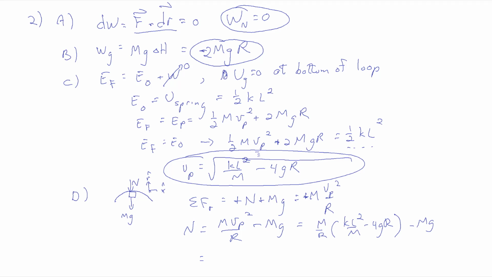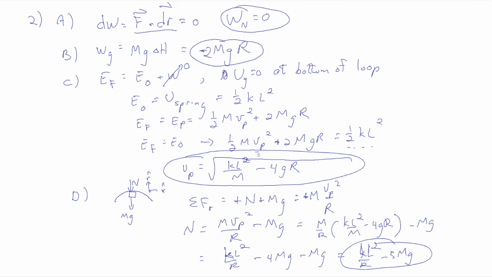The m's cancel in the first term, so I have KL squared over r. The second term, the r's cancel, so I have minus 4mg, and then I have minus mg. So the final answer really should be written as KL squared over r minus 5mg would be the answer to part D.